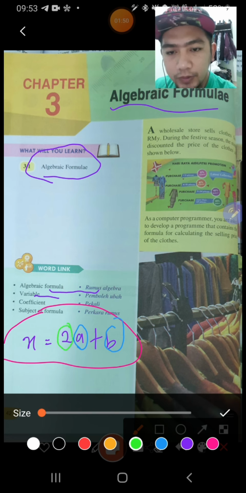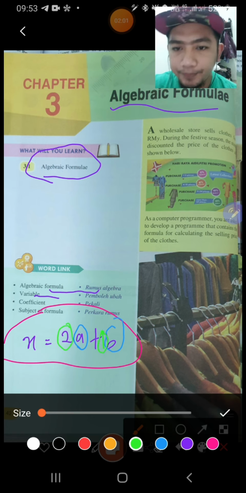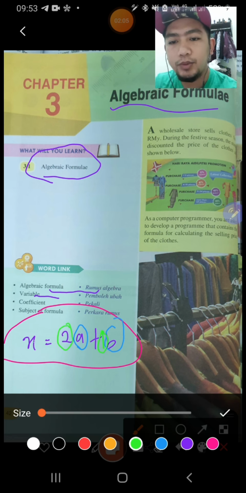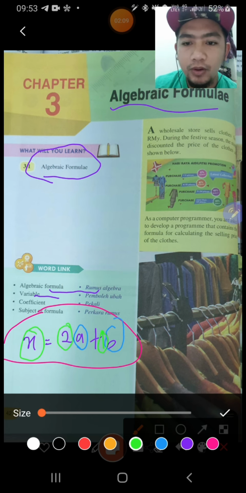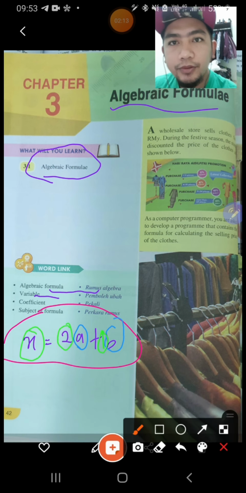So this we call it as coefficient. The coefficient for b is 1. And the subject of formula is this one. x is referred to the subject of formula. Alright, let's continue.